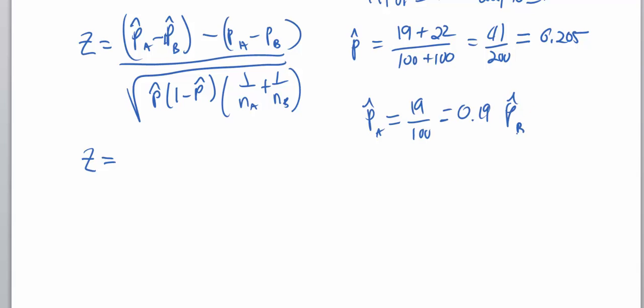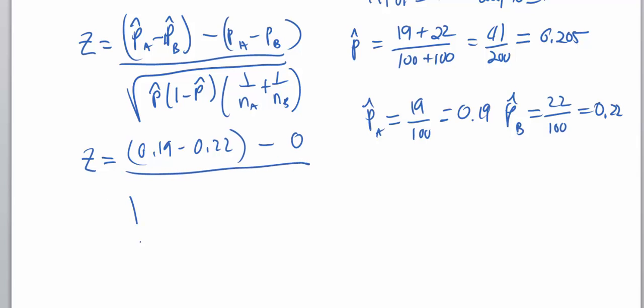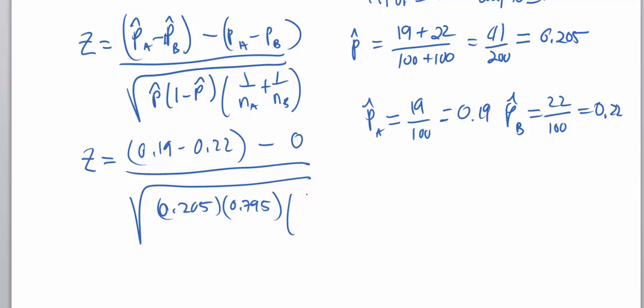And p-hat B is equal to 22, the number of successes, over its sample size, which is equal to 0.22. If we plug this into the formula, we get 0.19 minus 0.22 minus our claimed amount, which in this case is 0, all divided by our pooled proportion of 0.205 times its complement, 1 minus 0.205, which is 0.795, times 1 over 100 plus 1 over 100.